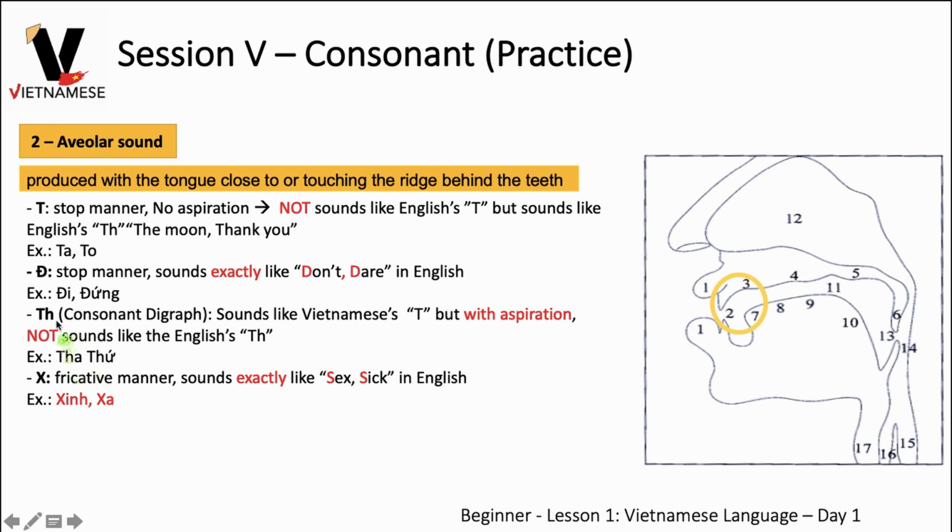And you can pronounce this consonant by putting your tongue into position like you are about to pronounce the letter T in English, but then use more air from inside so that you can feel the air coming out of your mouth like th. And remember, this doesn't sound like the English TH.